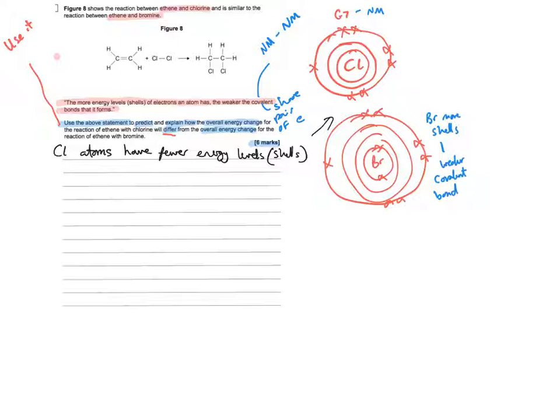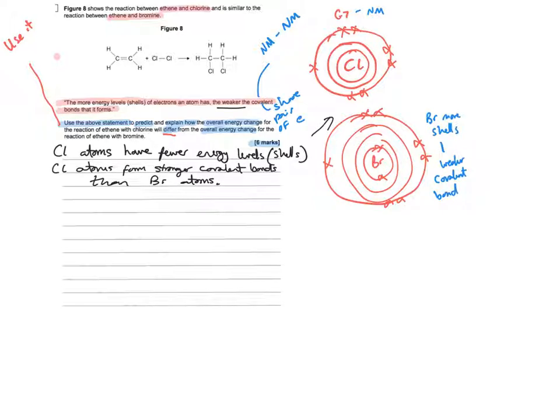Based on the statement, I also know that because they've got fewer energy levels, chlorine atoms form stronger covalent bonds than bromine atoms. So those are the statements I've made.